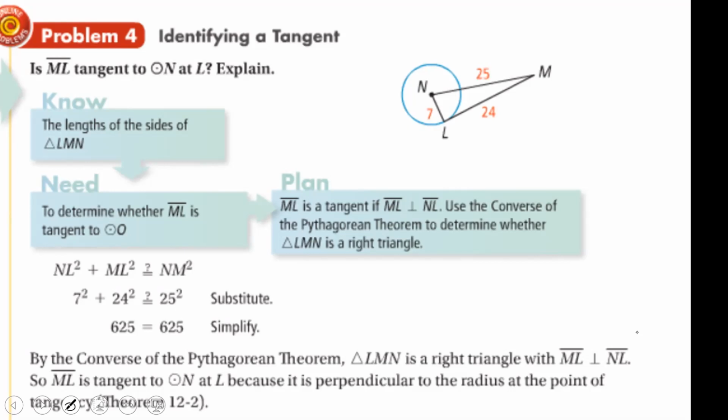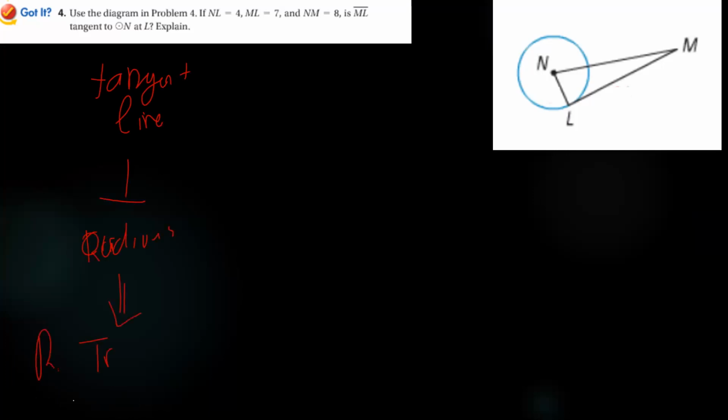So let's come back. I want to draw it here. If we have a tangent line that is perpendicular to a radius of a circle, it makes a right triangle.